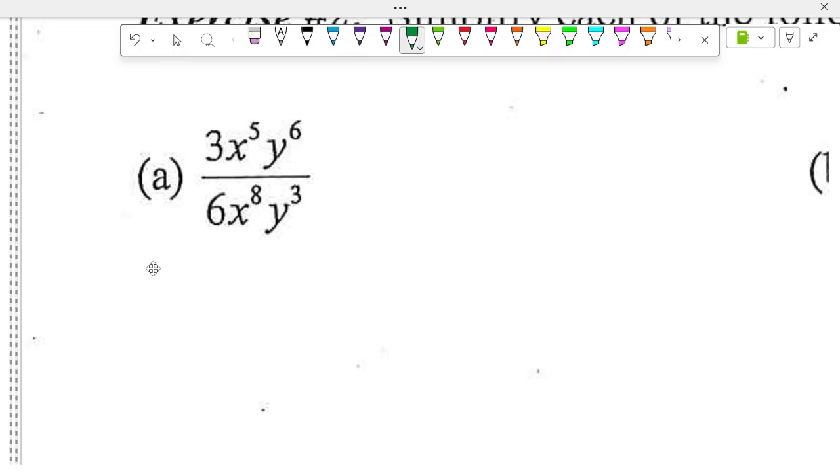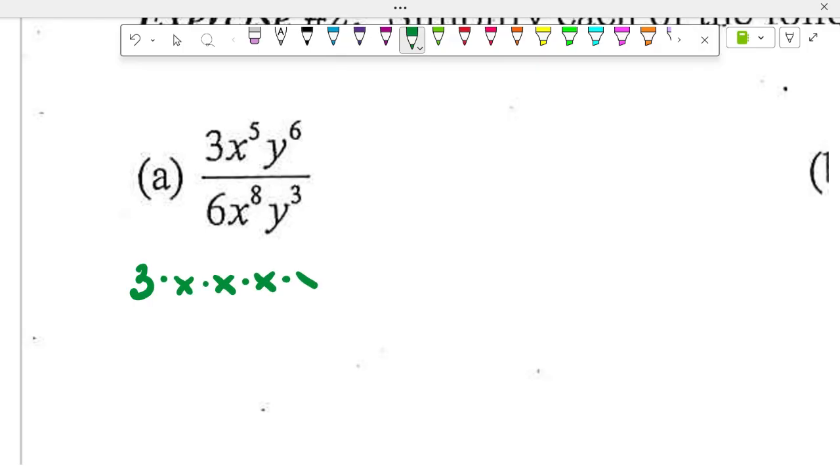So, we're going to keep the 3. X to the 5th is how many x's? It's 5 x's. So I'm going to do x times x 5 times. Y to the 6th is how many y's? 6. So y times y, and I'm going to keep going till I have 6 y's.